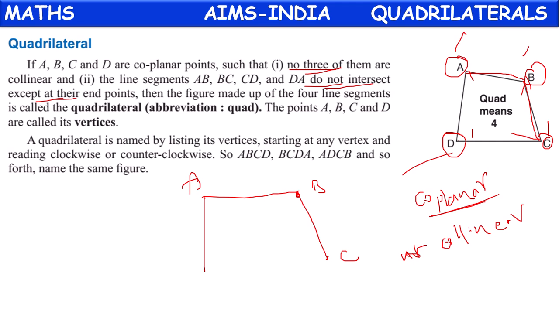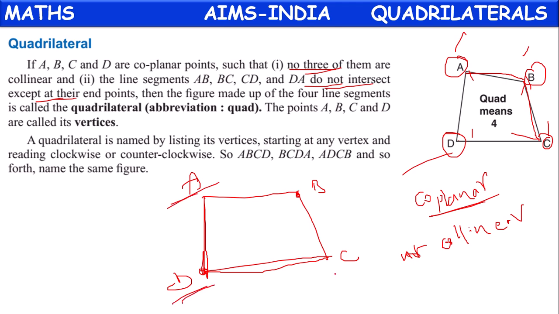And this AD, D is the endpoint of AD and also the endpoint of CD. So they are intersecting or they are meeting exactly at their endpoints.